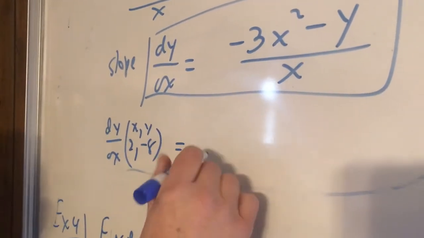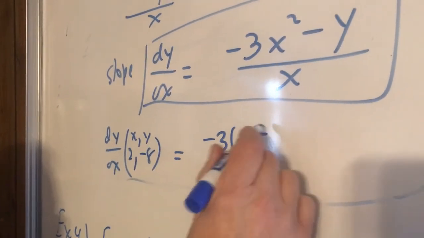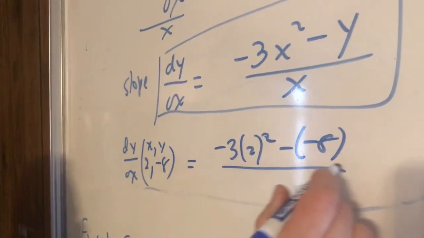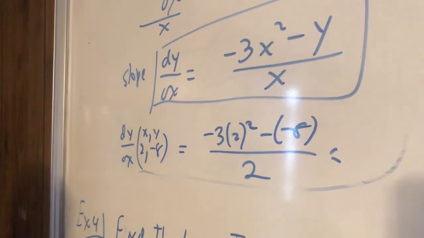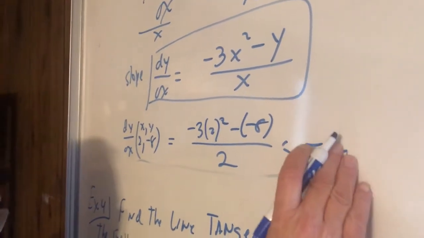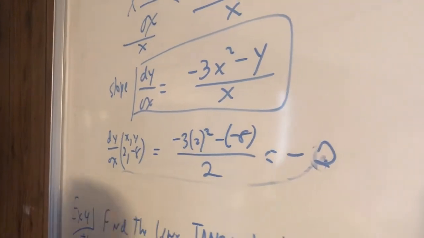So we substitute in here: minus 3 times 2 squared, minus a minus 8, over 2. And what you're going to get here is minus 2. So that is the slope of your straight line.